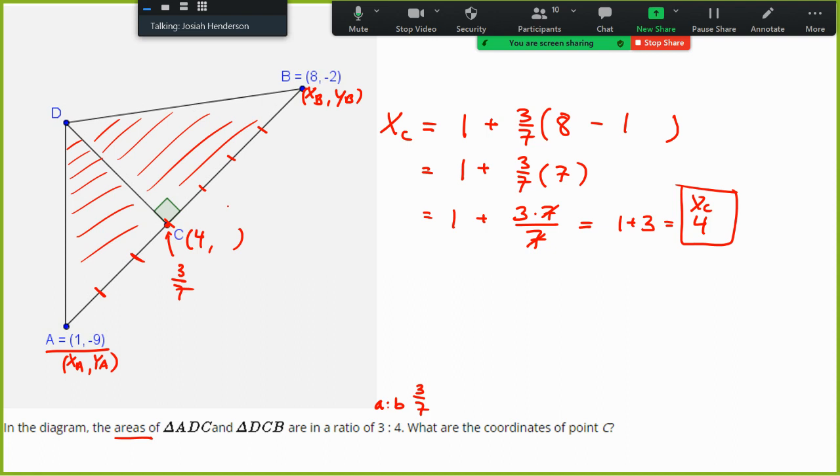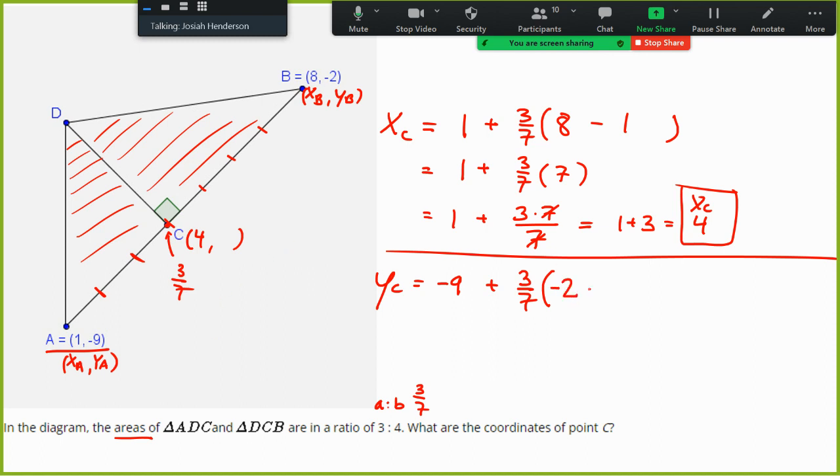And now we need to find the y of it. So y of c. So this one starts with y of a, which is negative 9. Same fraction, 3/7. And then it's going to be y of b minus y of a. So what is that? Negative 2 minus negative 9.